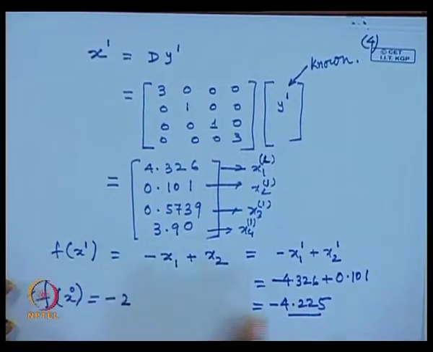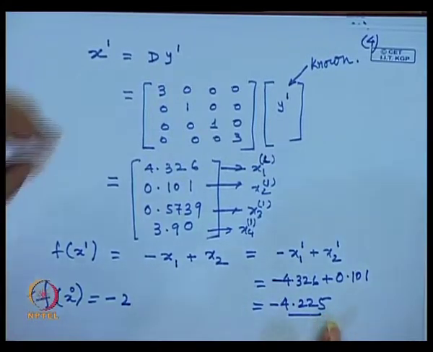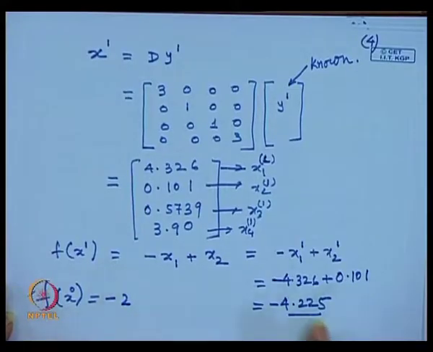So, the function value is decreased from minus 2 to minus 4.225. That means, with the choice of the descent direction, we are able to reduce the function value from minus 2 to this, and you have to repeat this process, because we have not reached the optimal value.